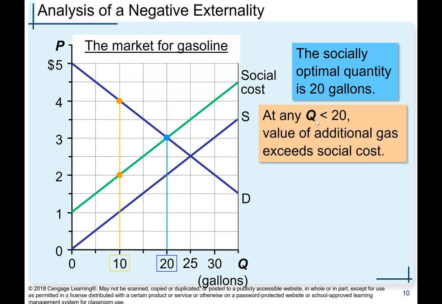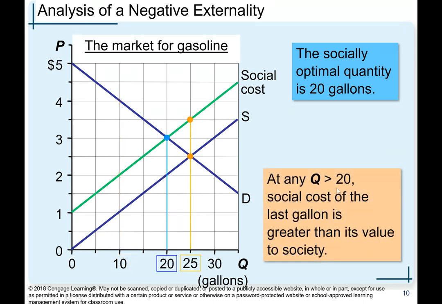So at any output less than 20, the value of additional gas exceeds social cost, which means anything less than 20 is also inefficient because marginal benefits, as read on the demand curve, is higher than marginal cost, and society still wants more of the gasoline. Anything less than 20 is inefficient. Anything more than 20 is inefficient.